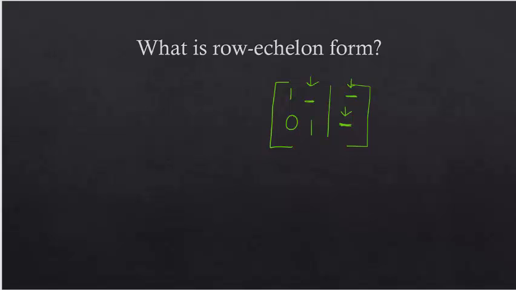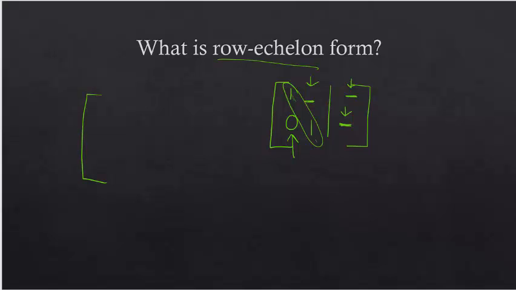So these other ones to the top of the diagonal can be anything really. The only thing we're worried about getting is 1s on the diagonal and 0s under. And once it's in this form with 1s on the diagonal and 0s underneath, then it's in row-echelon form.